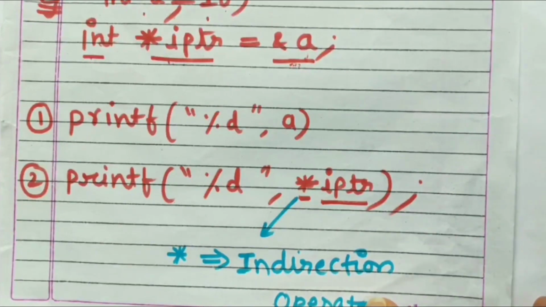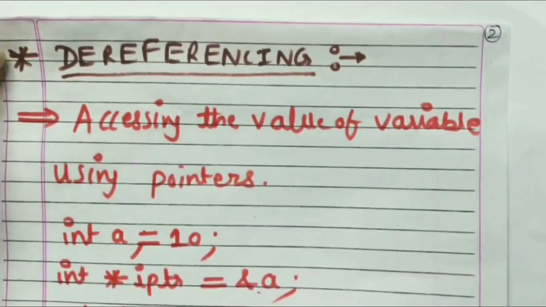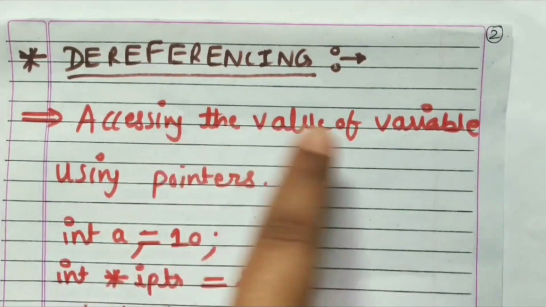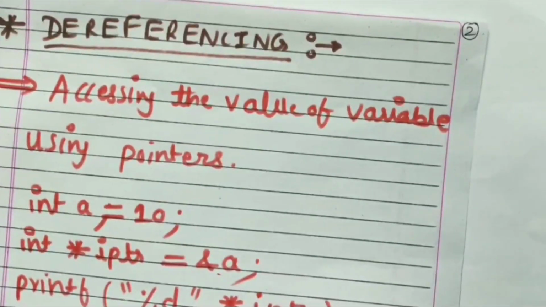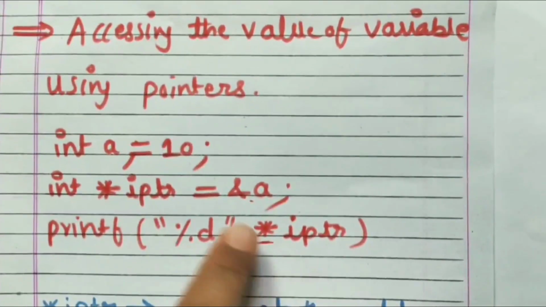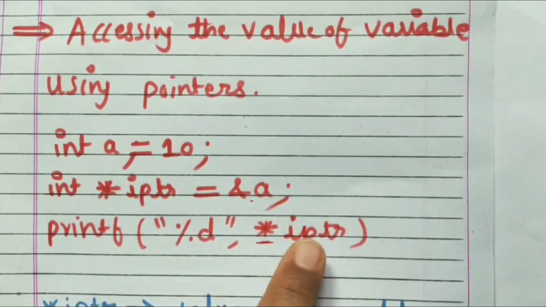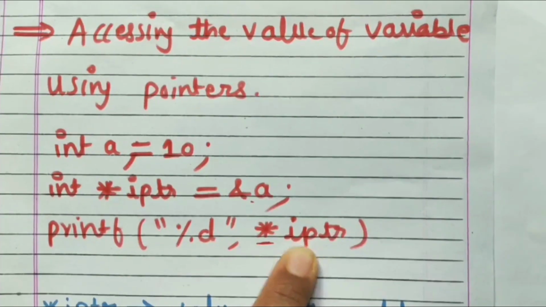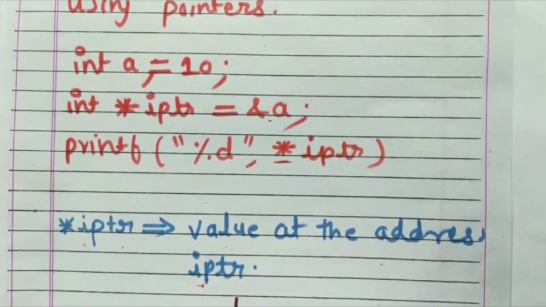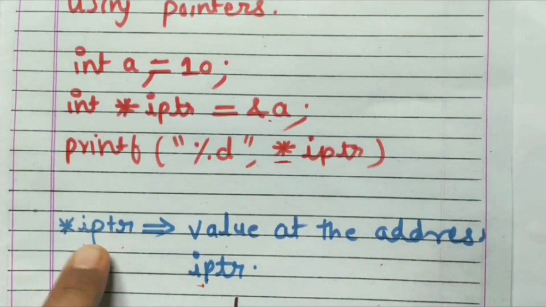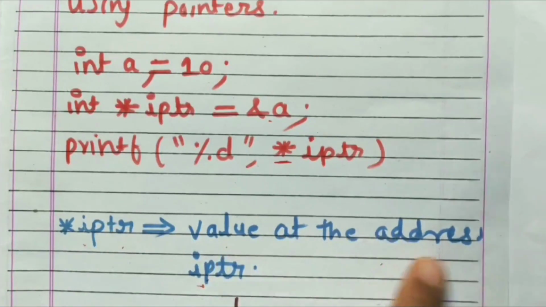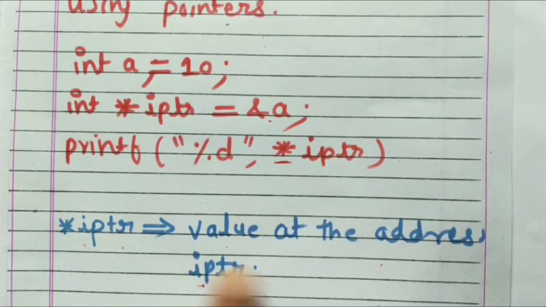Dereferencing means accessing the value of a variable using pointers. Here we access the value of a using the pointer variable iptr and the indirection operator, which we can also read as value at the address iptr.